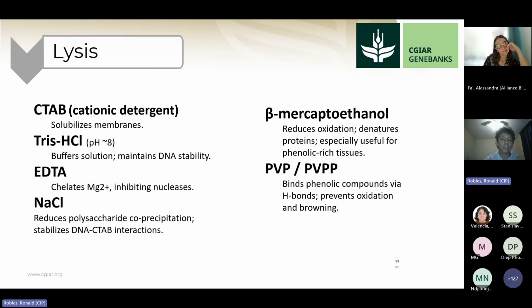The compounds in this stage are the CTAB, which is one of the main compounds for the DNA extraction. It's a cationic detergent, and its mechanism of action is to degrade the membranes of the cell and solubilize the proteins to avoid them interacting with the DNA.